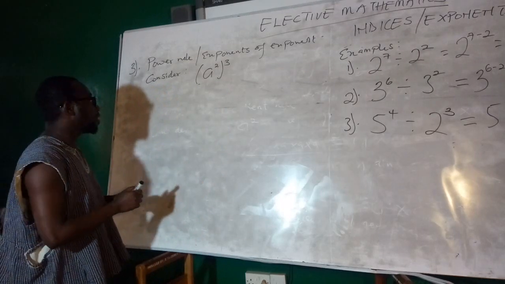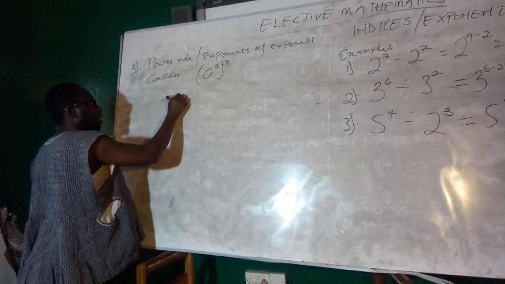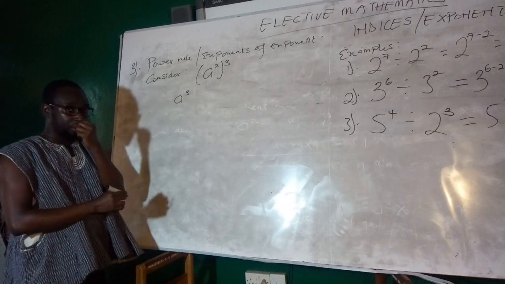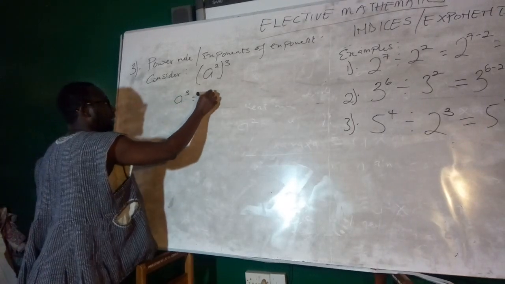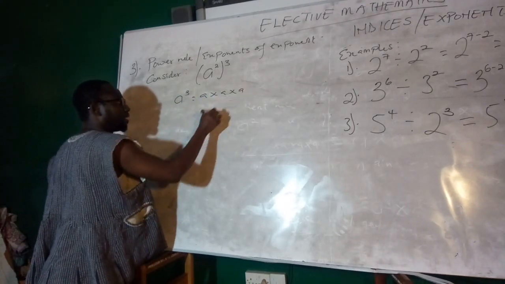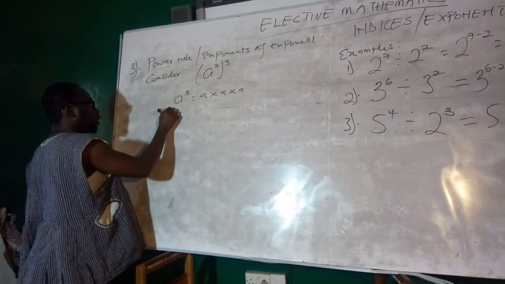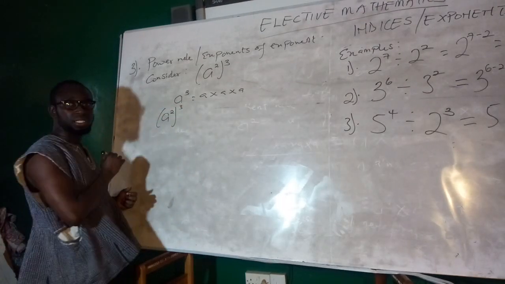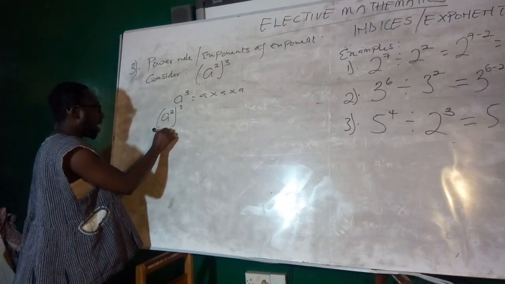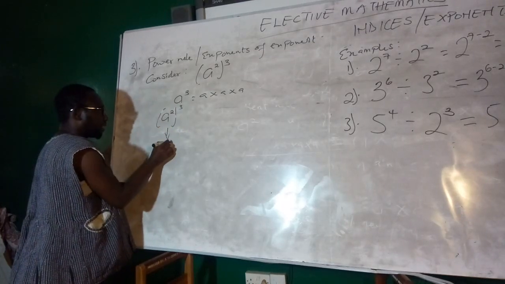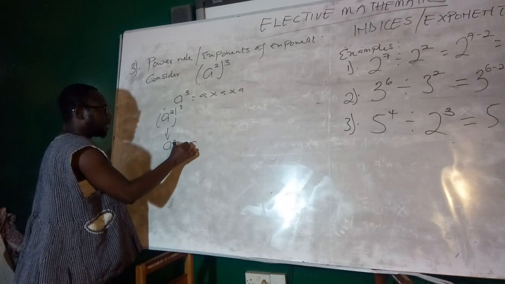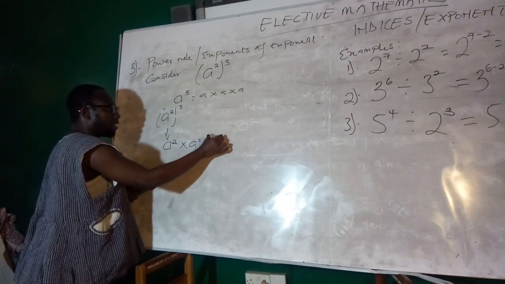Let's not forget that when we have a raised to the power of 3, that is written as a times a times a. So in effect, when we have a raised to the power of 2 all cubed, it is also the same as a squared times a squared times a squared.